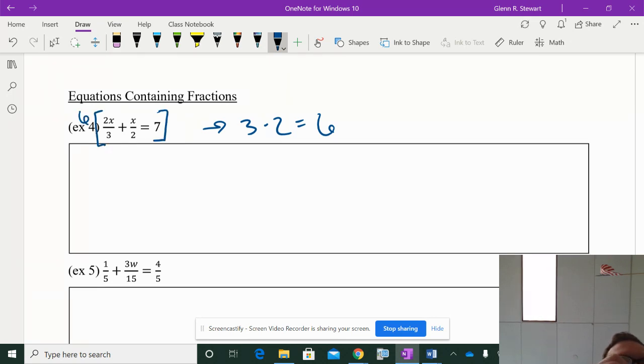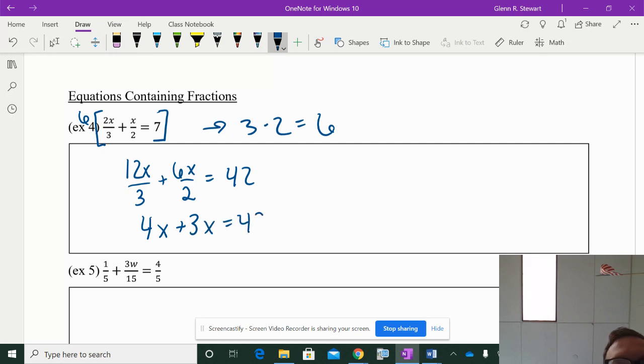So if I multiply this all by 6, just to show you how this all works, I end up with 12x over 3 plus 6x over 2 equals 42, which can then be simplified into 4x plus 3x equals 42, 7x equals 42, and then x equals 6.